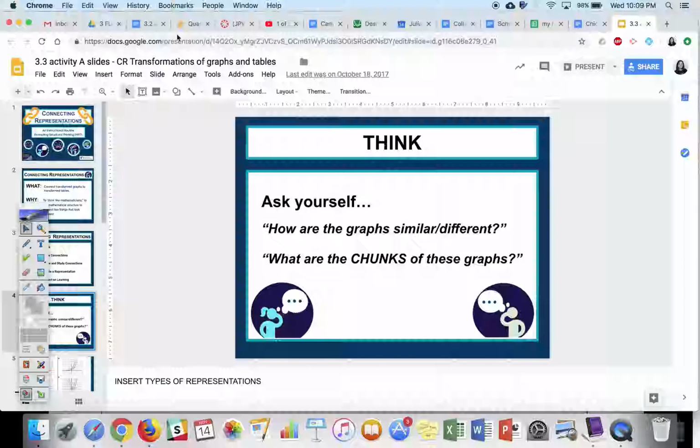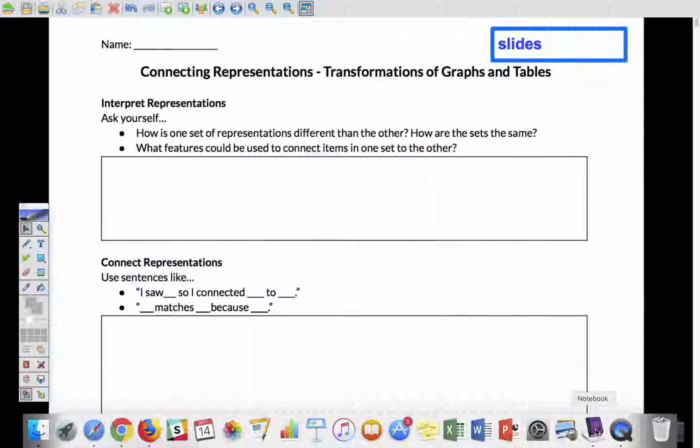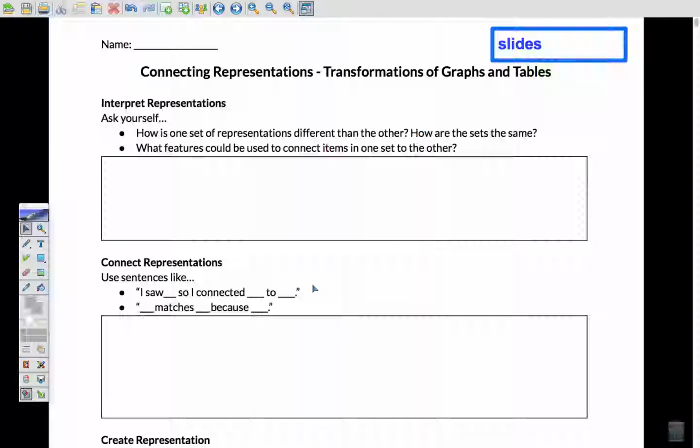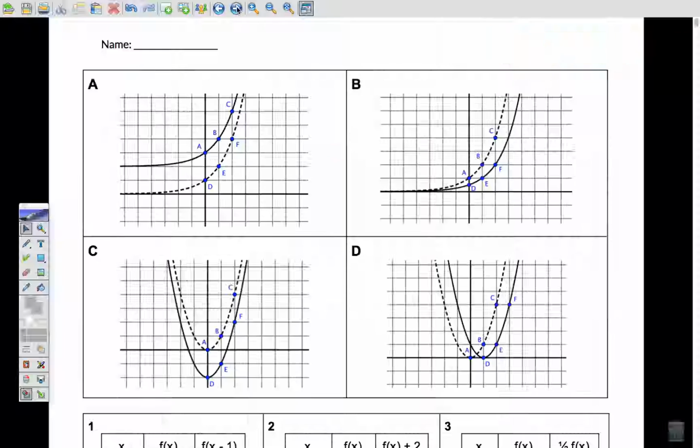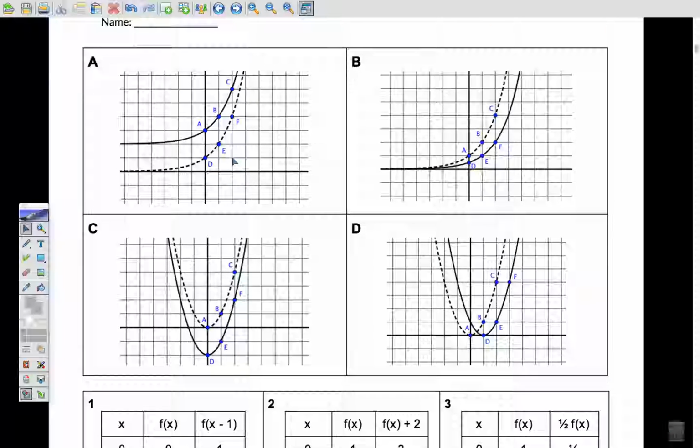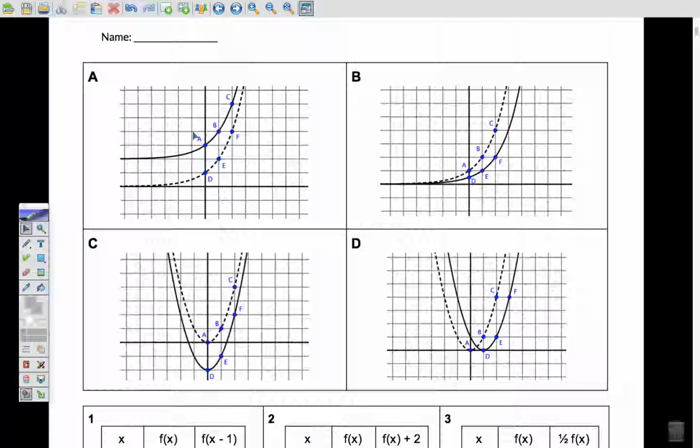Okay, so I'm going to actually go back to our screen here. Okay, and if we look here, here's the graphs. So I want to know, within each set of graphs, how are these 2 graphs similar and how are these 2 graphs different? So take a second, if you want to pause the video just for time's sake, see if you can come up with a couple of things.